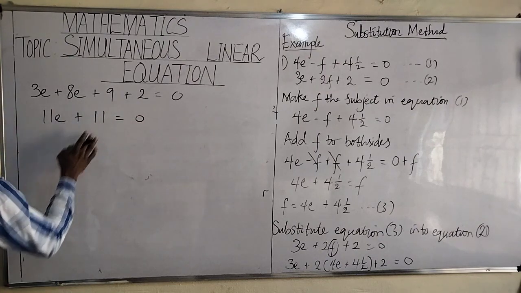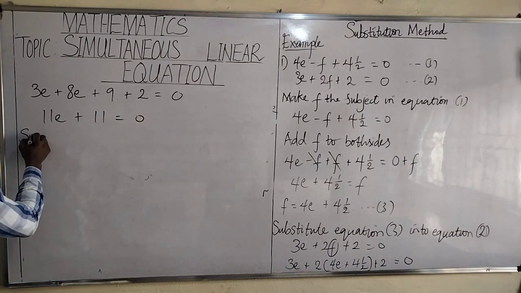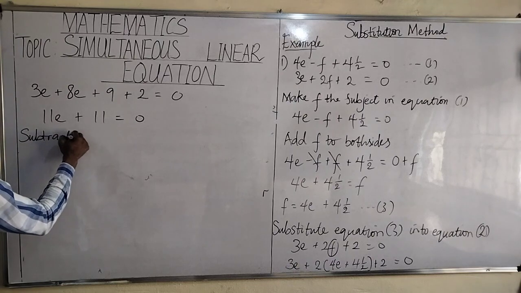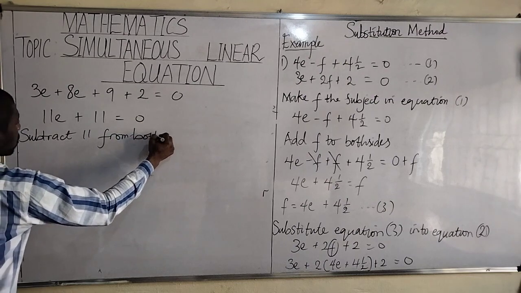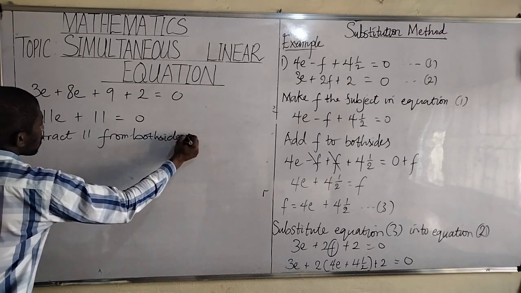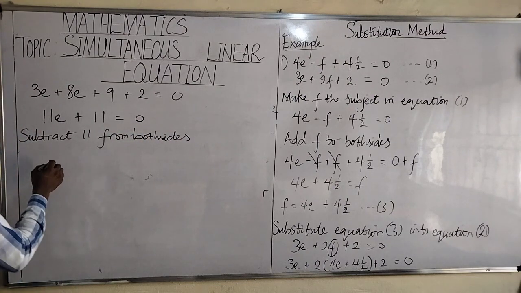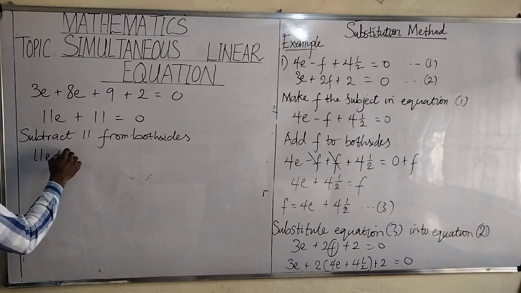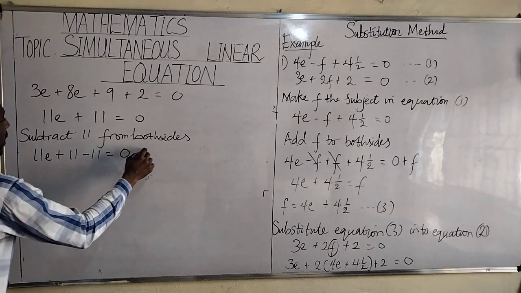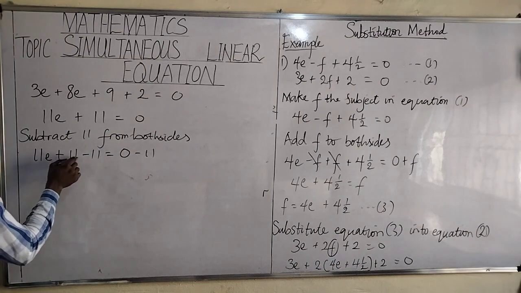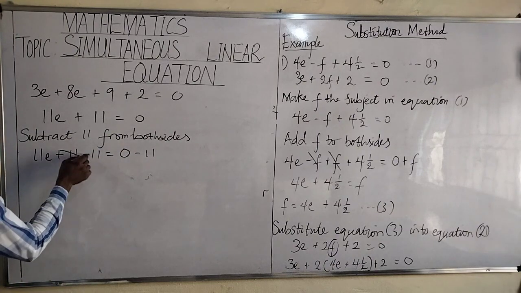Okay, I want this 11 to leave, so I'm going to subtract 11 from both sides. When I do that, I'm going to have 11e plus 11 minus 11 equal to 0 minus 11. So positive 11 minus 11 will give us 0.